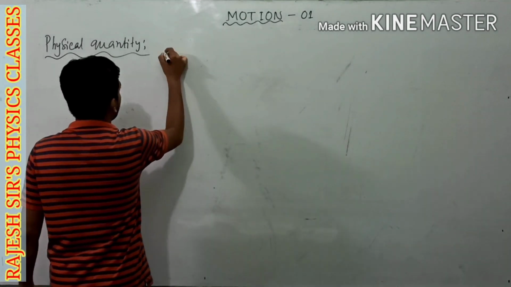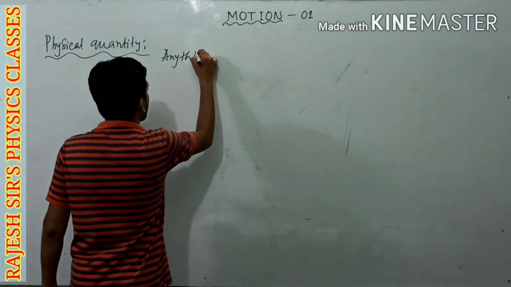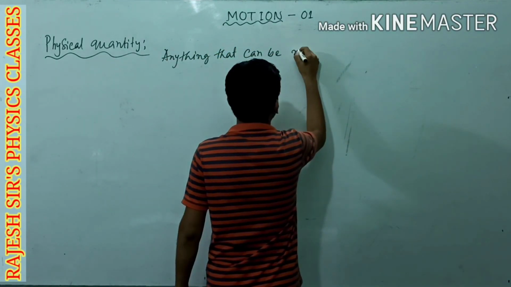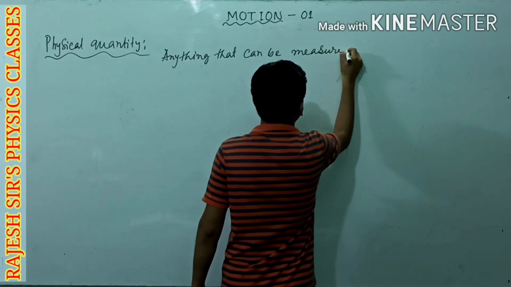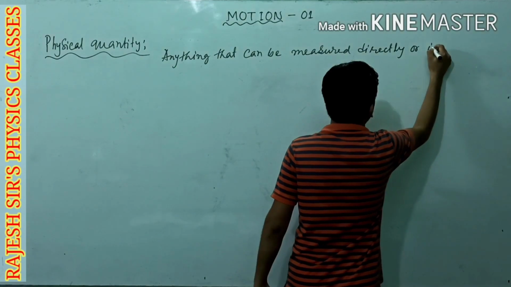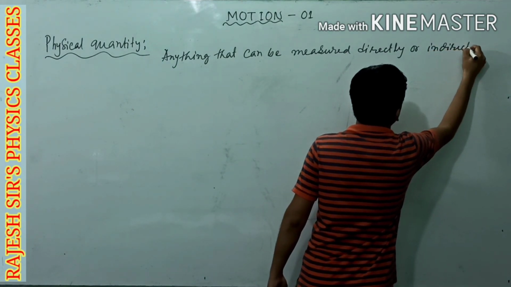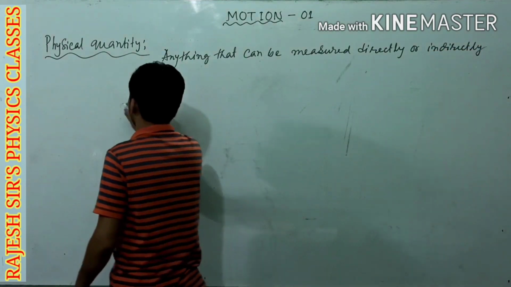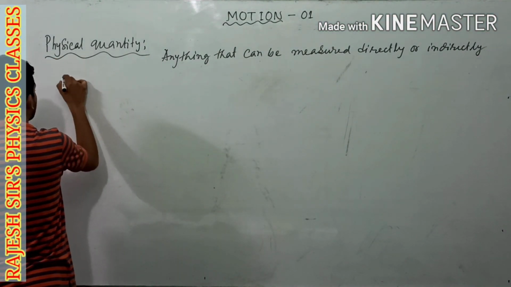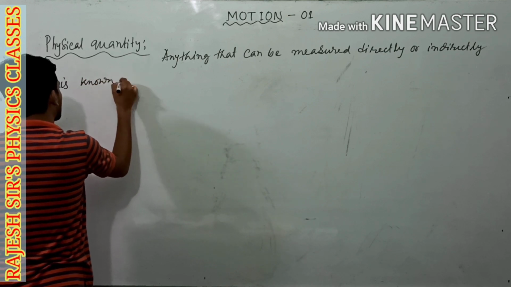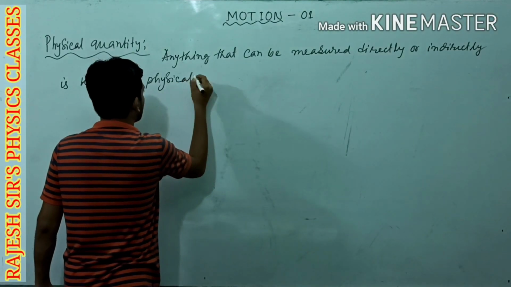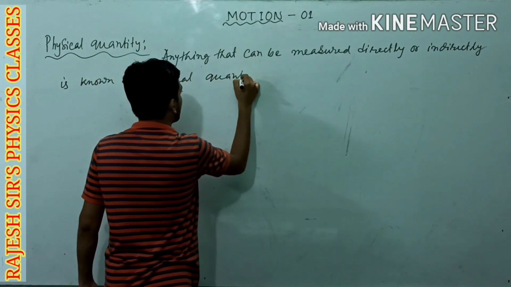So you can write: anything that can be measured directly or indirectly is known as physical quantity.